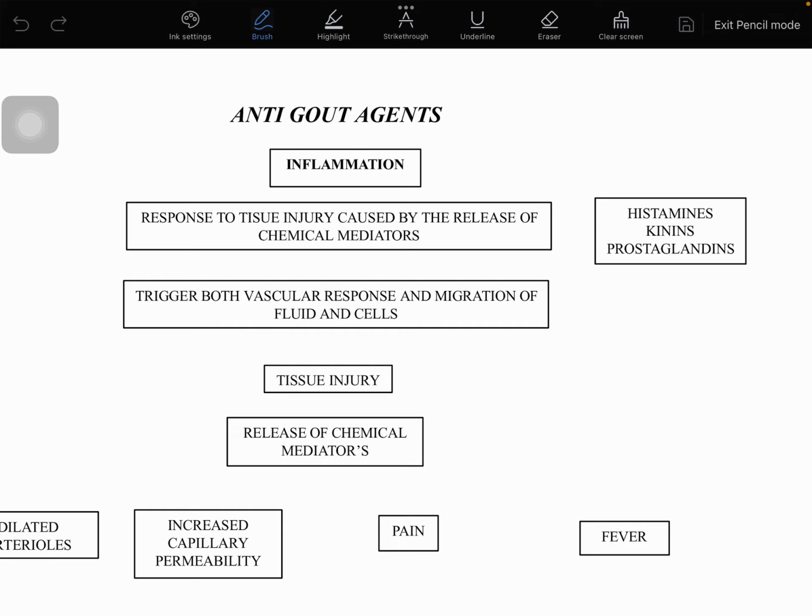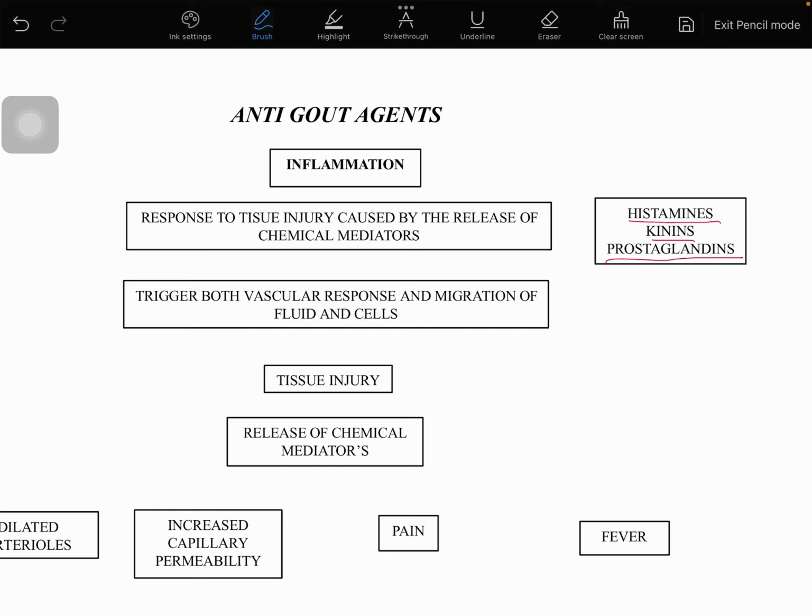Of course, we have at least three chemical mediators that are involved during the process of inflammation. First, we have your histamine, your kinins, and your prostaglandin. When we say histamine, class, it is definitely the very first chemical mediator released in response to a tissue injury.